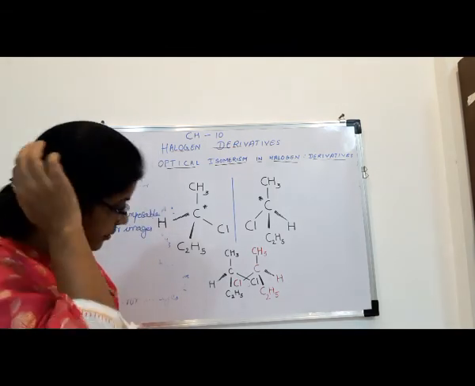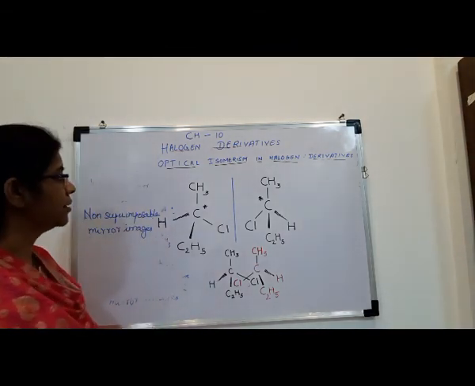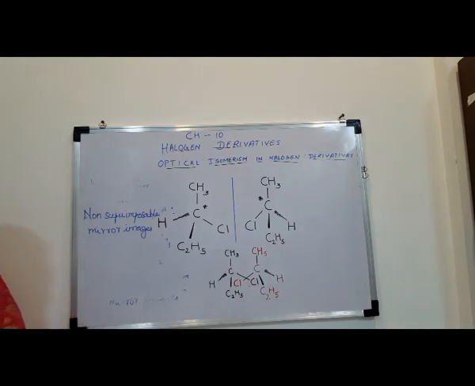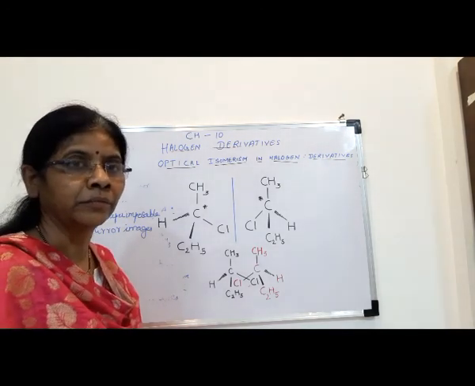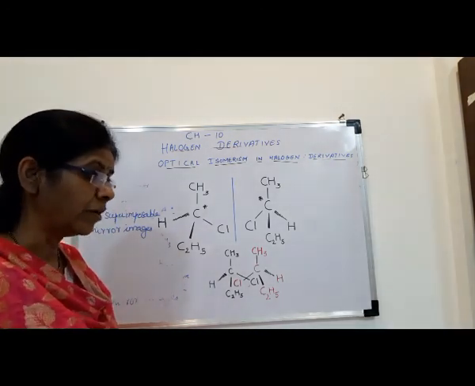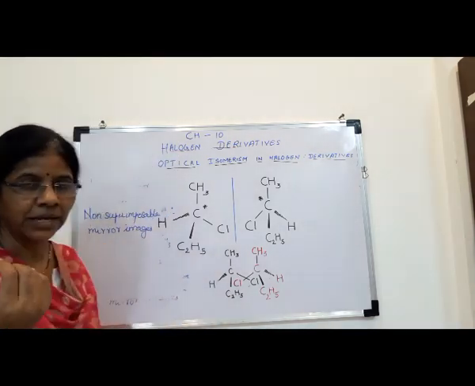So in order to understand optical isomerism further, we will see the remaining part, that is plane polarized light, and then what is optical activity, what are enantiomers, and so on. Okay, so I'll just be back.